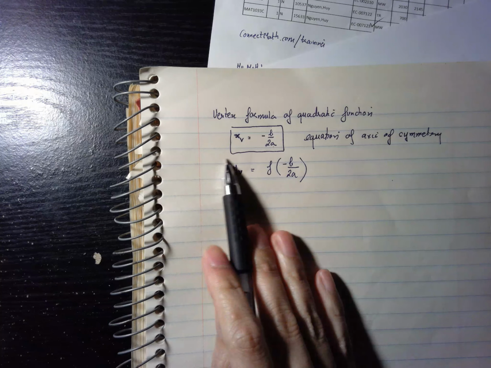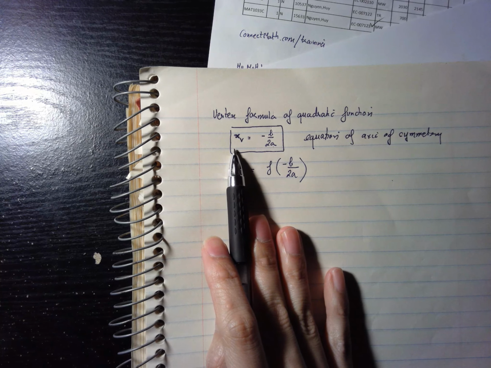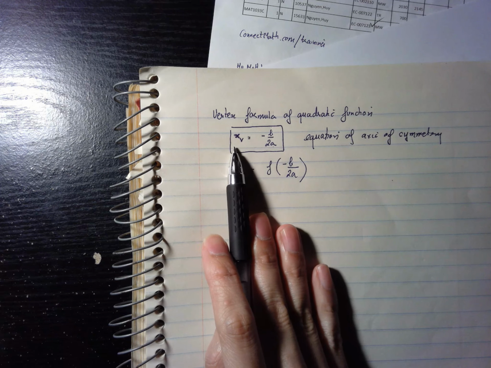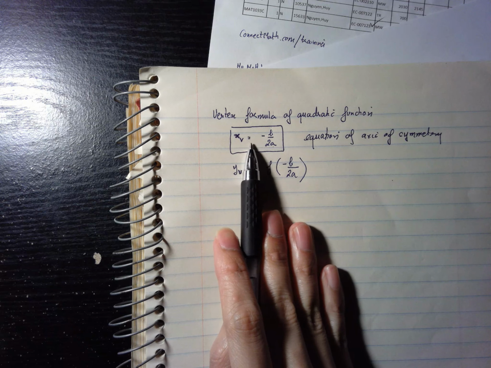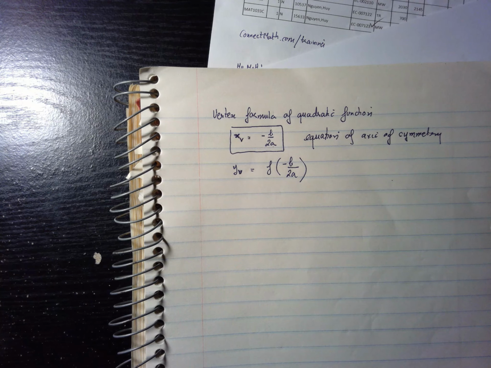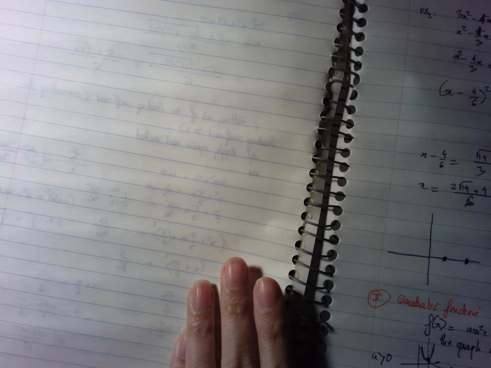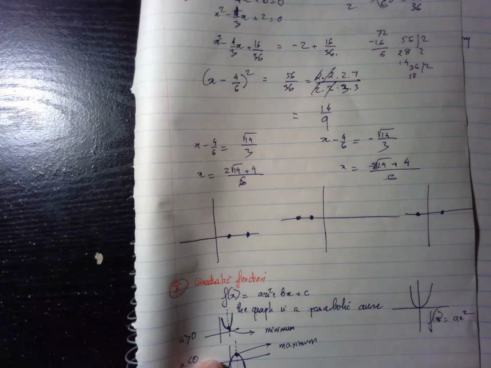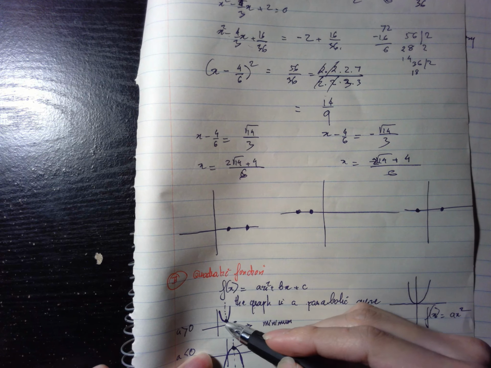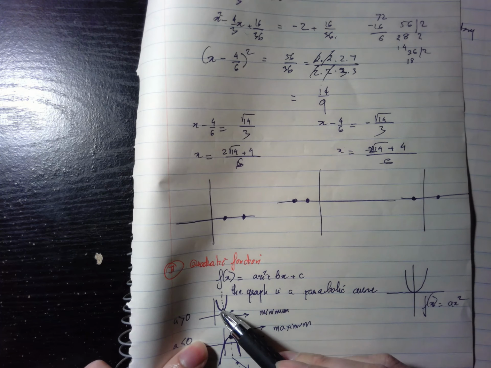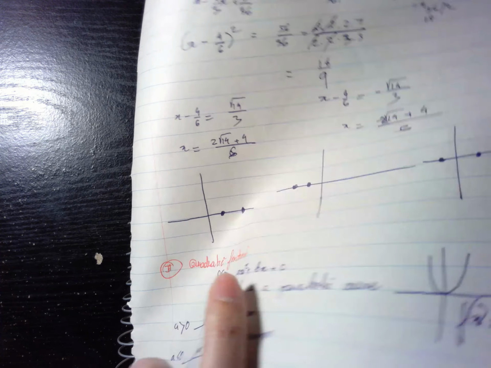And we also know the axis of symmetry is a vertical line, because every vertical line will start with x equals something. For example, x equals 2, then it goes through the point at 2 and is perpendicular to the x-axis, right here. That's why the axis of symmetry is a vertical line like this, right? And it goes through the vertex point right here. Okay, so we're going to have x equal to negative b over 2a.